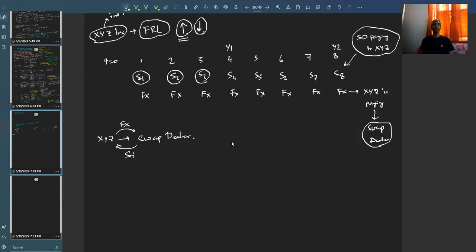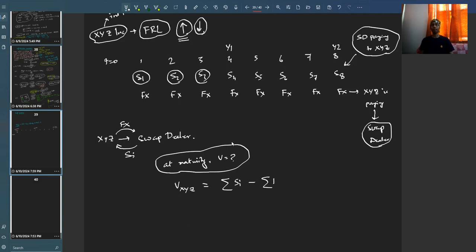So friends, at maturity, what is the value of this swap? At maturity, the value of the swap to XYZ is equal to the sum of the payments it is receiving, that is the sum of all the variable payments, minus the sum of the payments it is paying, the sum of all the FXs.